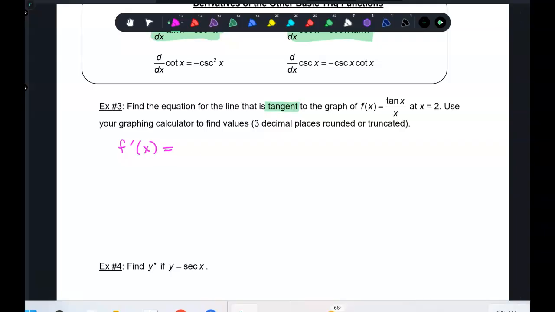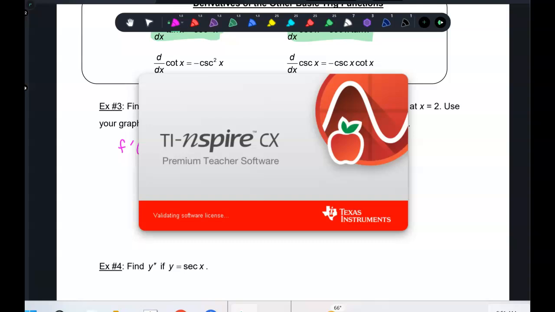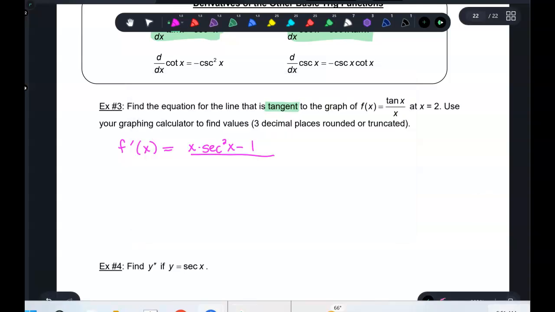All right, so low d high. So denominator times the derivative of tangent is secant squared, minus the numerator times the derivative of the denominator. That's just going to be times 1.